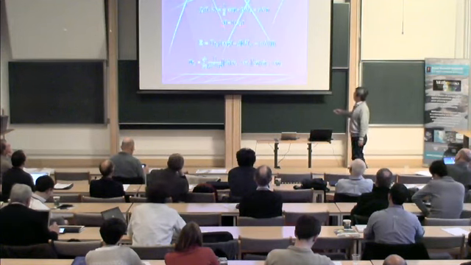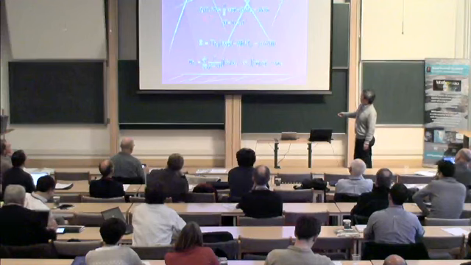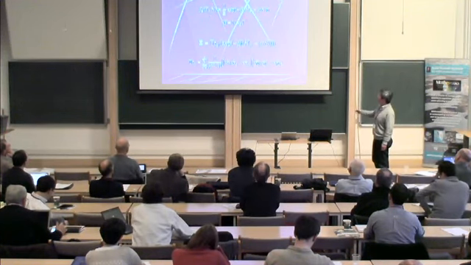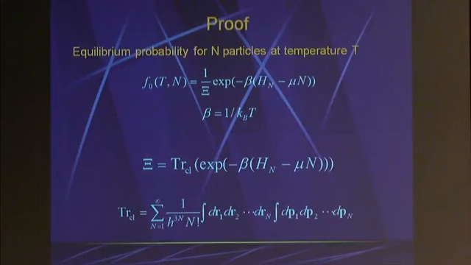The proof of that theory is pretty straightforward, starting with this distribution function for n particles and with Hamiltonian Hn. And this is a standard distribution function, and trace is just a classical integration over the phase space.